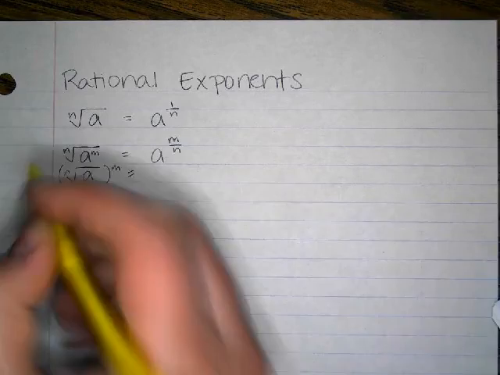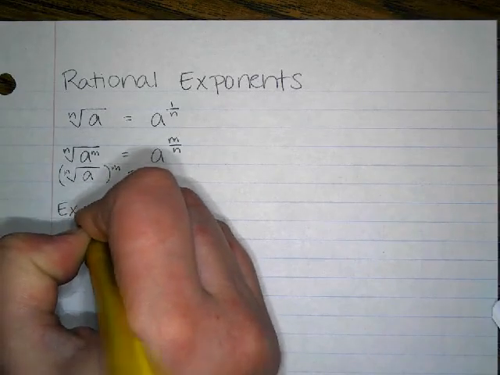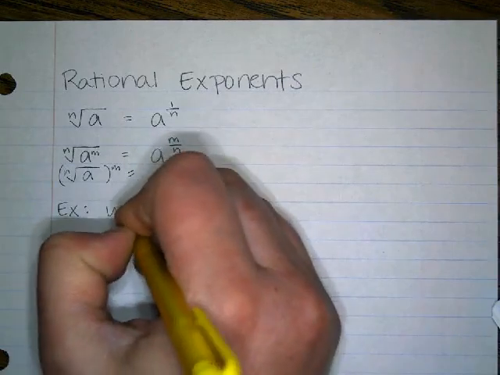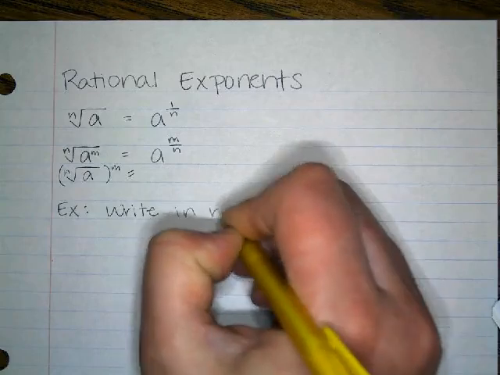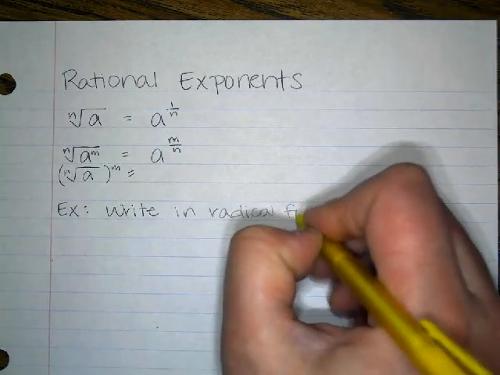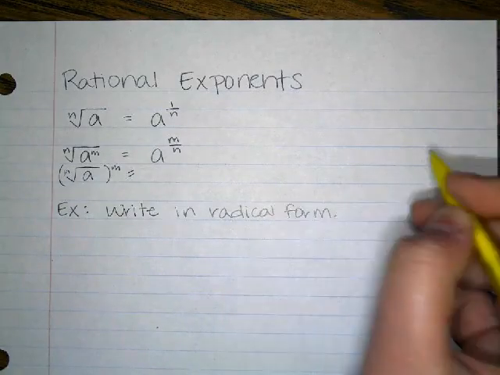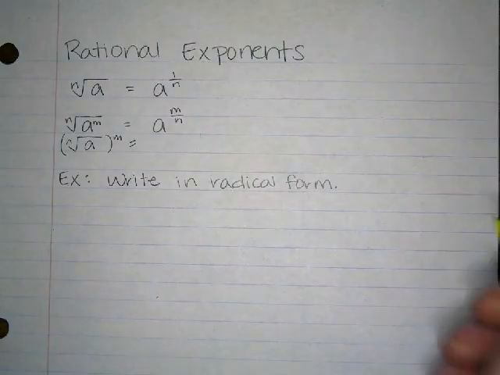Okay, so the first thing that we're going to do is write it in radical form. And once we write it in radical form, if we can simplify it, we're going to.